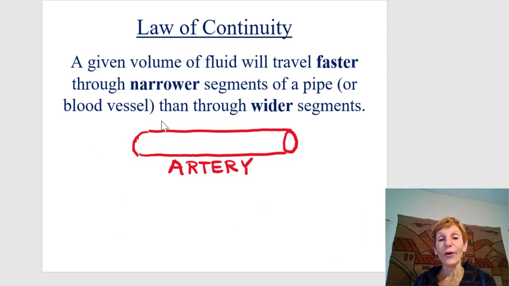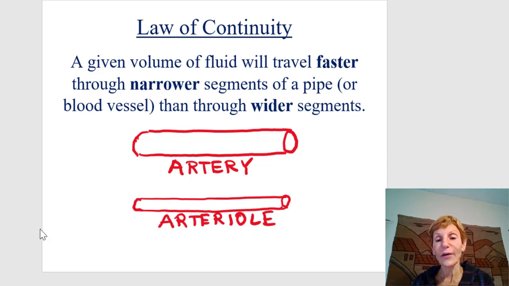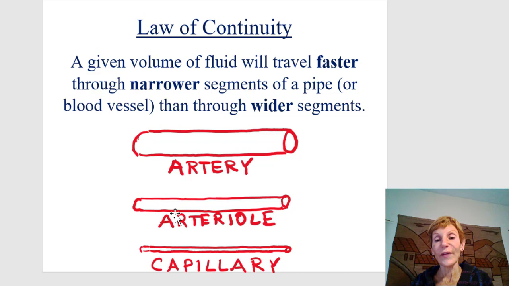So now we have an artery with a certain diameter, and if we compare that to an arteriole, each artery is wider than each arteriole, and each arteriole is wider than each capillary. So capillaries are the thinnest, then arterioles are a little bit wider, and then arteries are the widest.